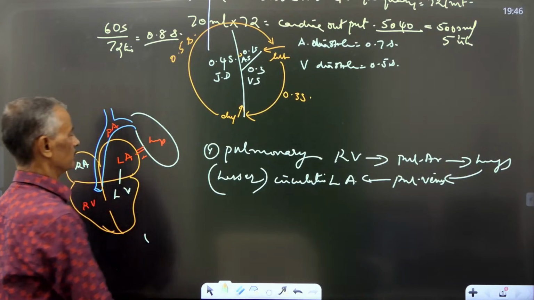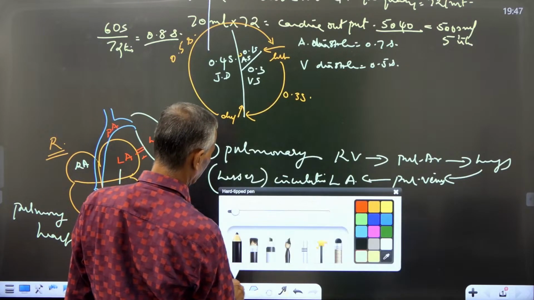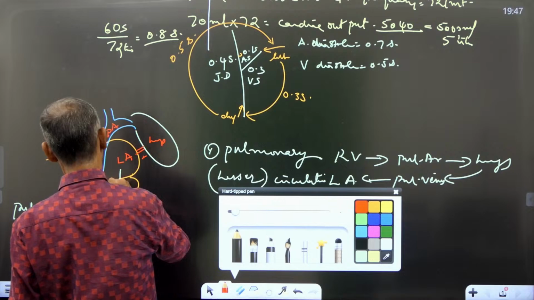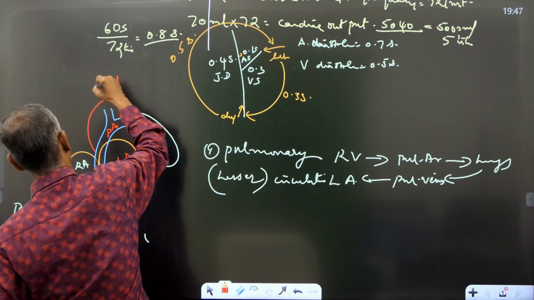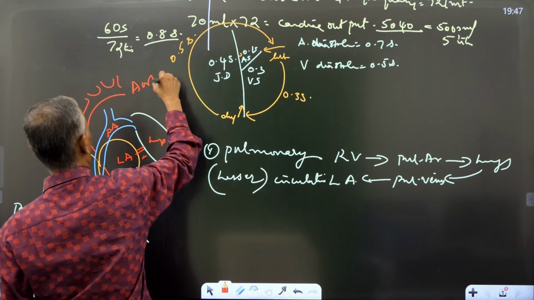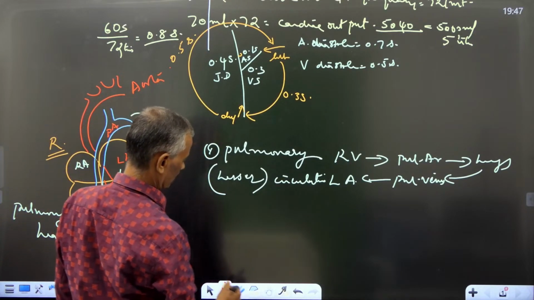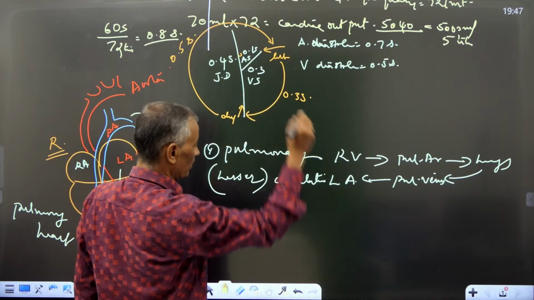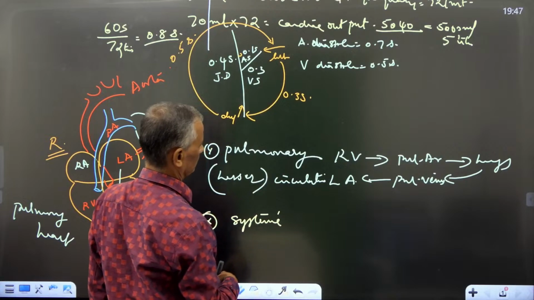From left ventricle, that oxygenated blood is pumped to different systems of the body through the aorta. So aorta is taking that pure blood to different systems. So it's called systemic circulation.